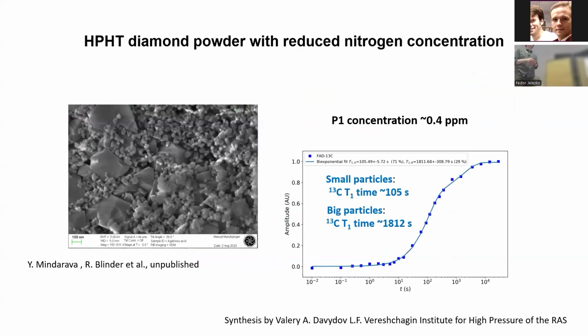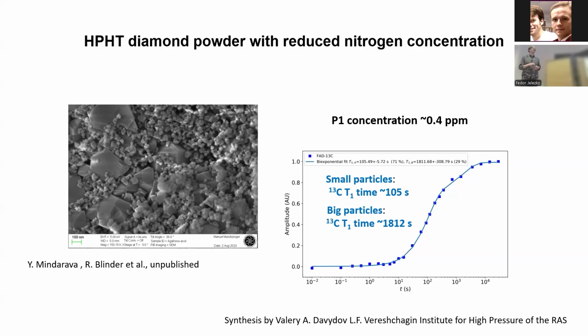These particles, after having polarization of carbon-13 in them, can have a relatively long relaxation time of these carbon spins. Here I show you how this nuclear spin relaxes after being polarized, and on the time scale here you see it actually has 2 components. We think it's attributed to big and small particles.